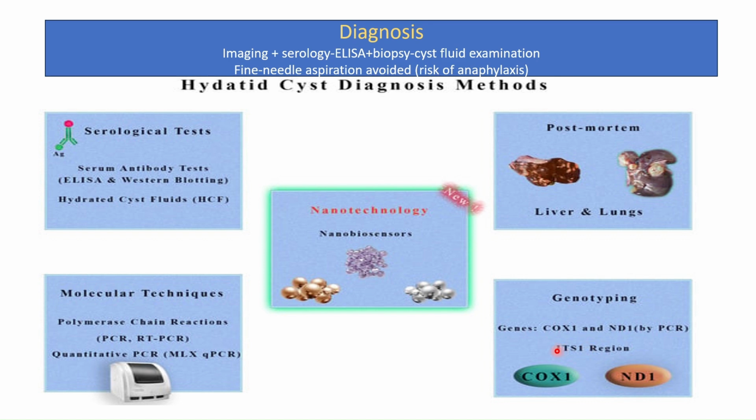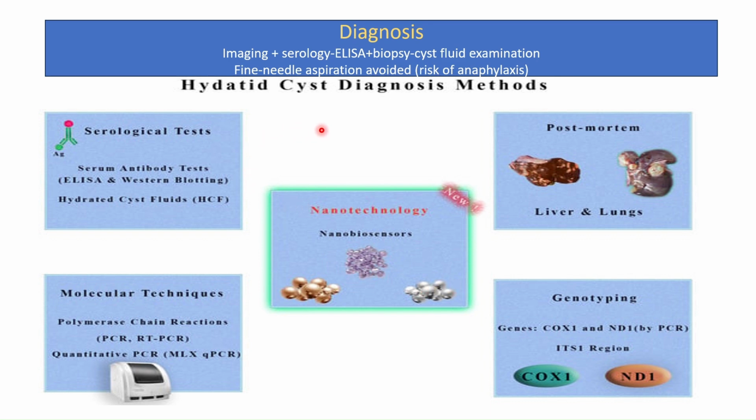Genotyping nowadays available is COX1 and ND1 by PCR and the ITS1 region. Postmortem diagnosis is possible in the liver and lung if cysts are present. And emerging techniques are nanotechnology, which is nano biosensors using gold and silver.